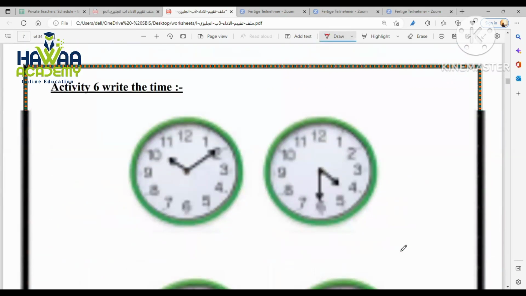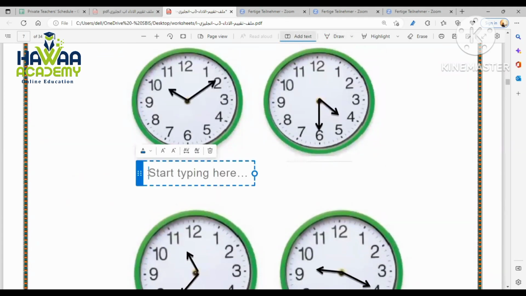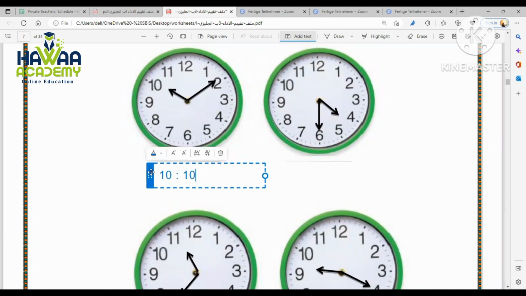Now, let's see. Oh, what is the time here? Let's find out. The time here is 10:10, because here the minute hand is facing 2, so it's 5, 10. We just move 10 minutes forward. What about the next one here?